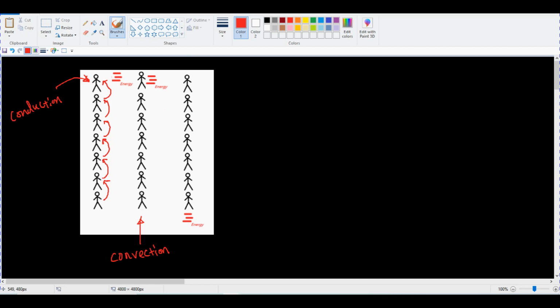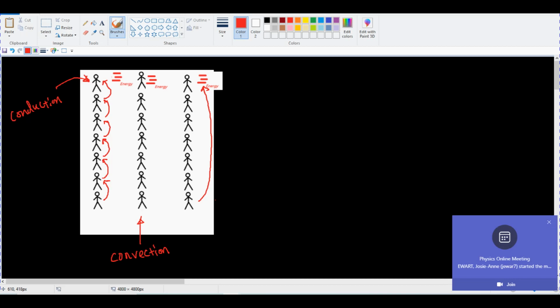And the last way we are going to do is what we call radiation. The way to do it is to just pick up the energy and throw it all the way to the last one, without any movement of the particles. You can draw an arrow to represent the movement of the energy, just like this. There's no bulk movement of the molecules, and it doesn't involve the members in between.